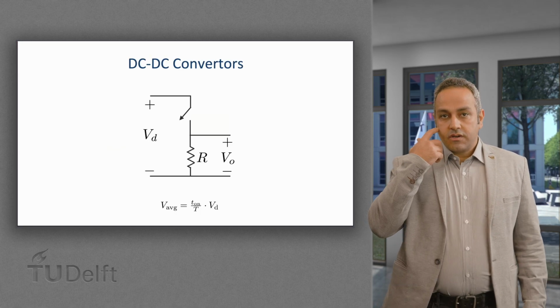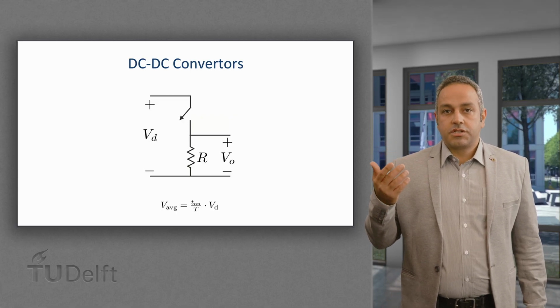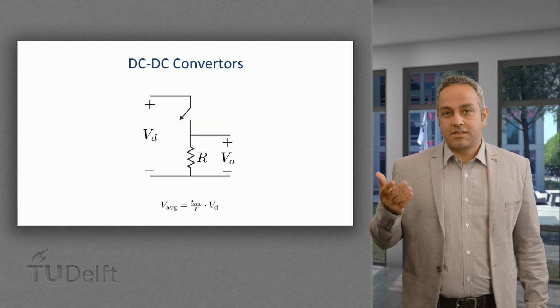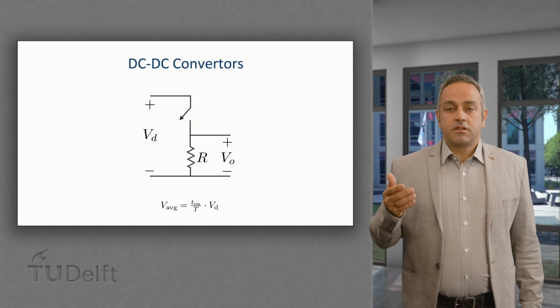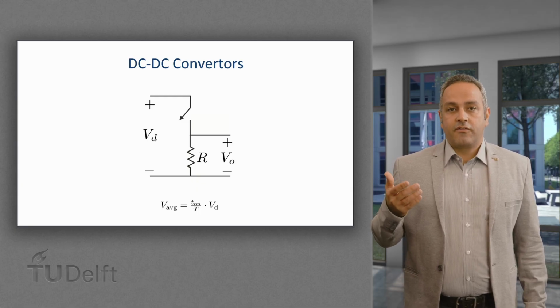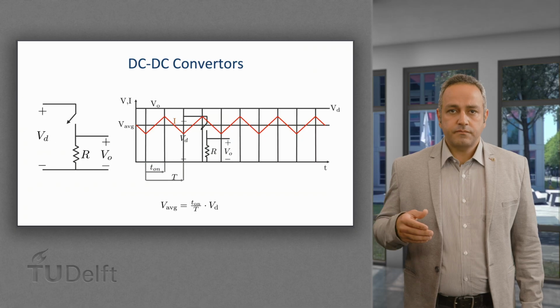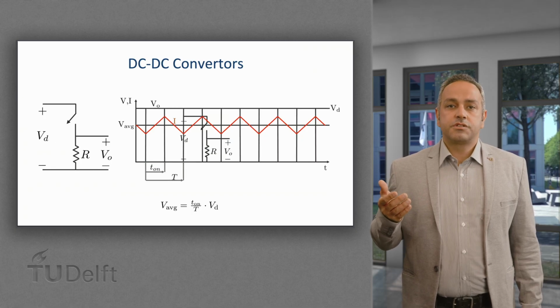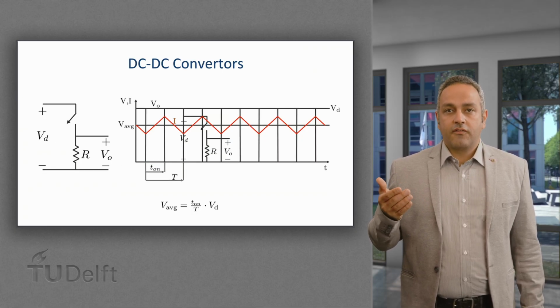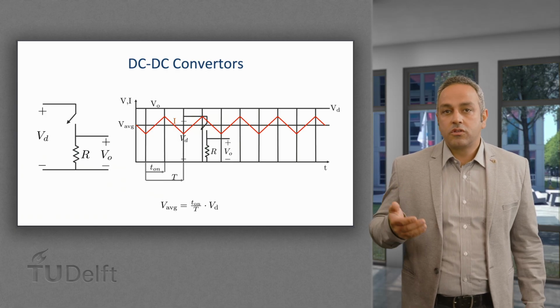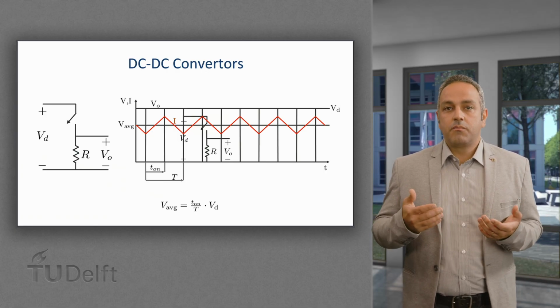A DC-DC converter uses transistors as switching elements. Let's have a look at that circuit. It will help you understand the basic operation of a DC-DC converter. The transistor switches on and off, and as a consequence, the output voltage is formed of rectangular blocks.